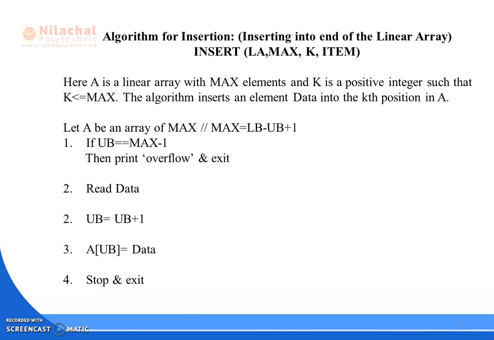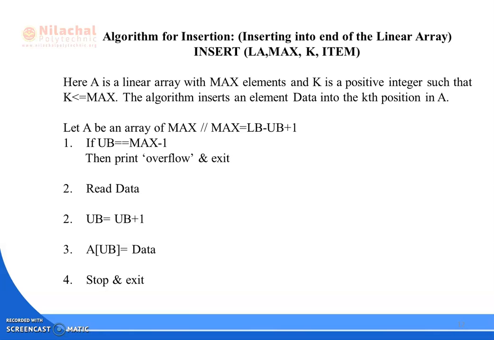If it is full, we will print overflow and exit. If there is some space, then we will read the data that we want to insert in the array. After reading the data, we will increase the upper bound value by 1.